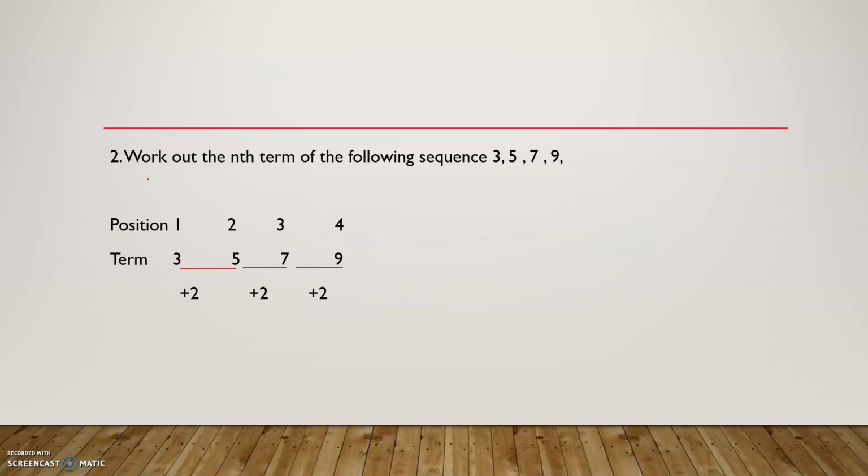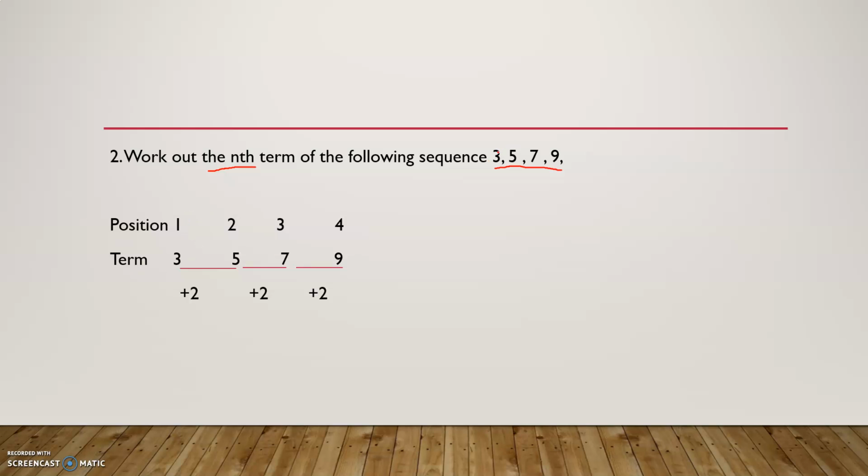Example number 2 says: work out the nth term of the following sequence. So we have a sequence here, 3, 5, 7, 9, and we have to work out the nth term for the sequence. What we have to do is put all the position and term numbers.